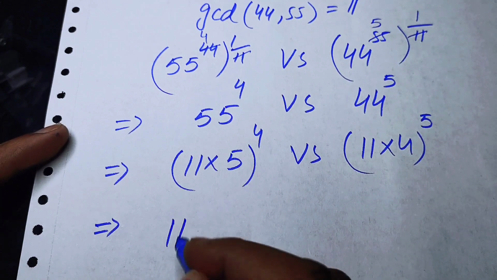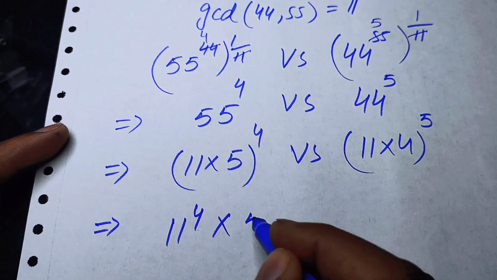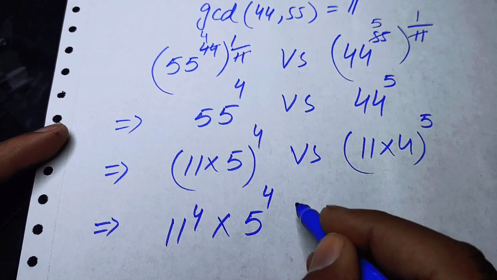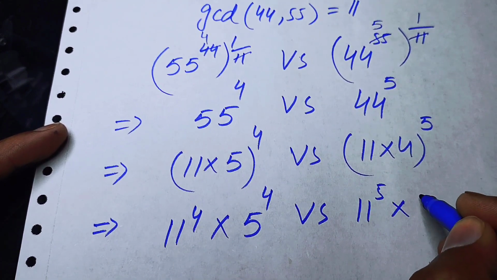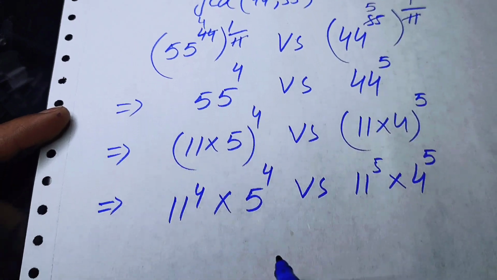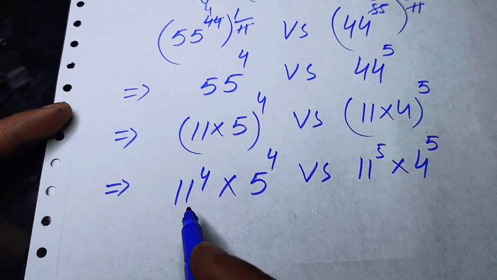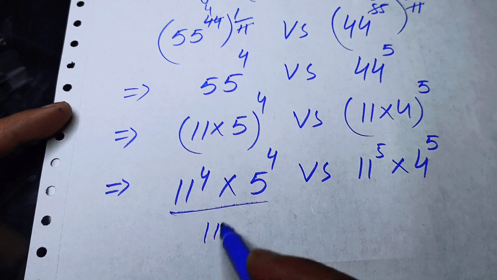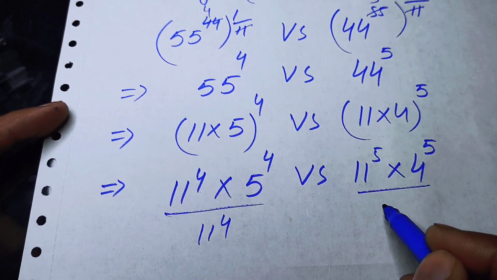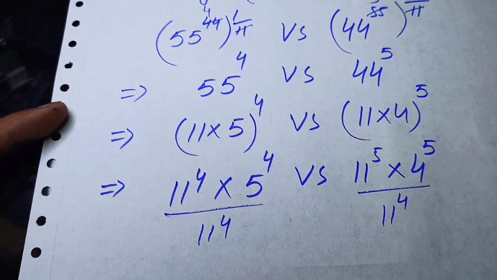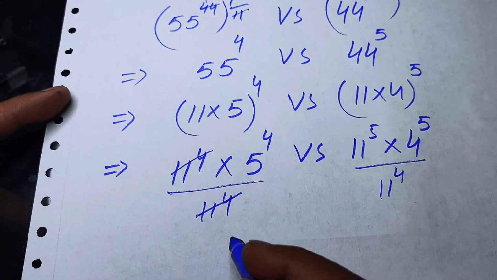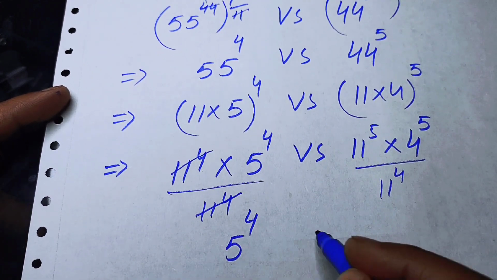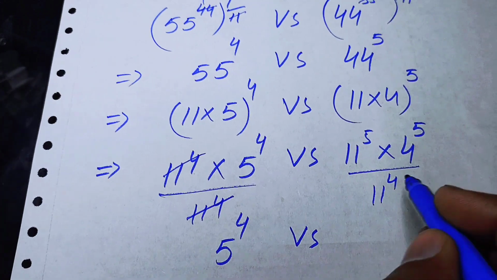So we write it as 11 to the power of 4 multiplied by 5 to the power of 4, versus 11 to the power of 5 multiplied by 4 to the power of 5. Now we can divide by 11 to the power of 4 on both of the numbers and we can see that these terms are gone.